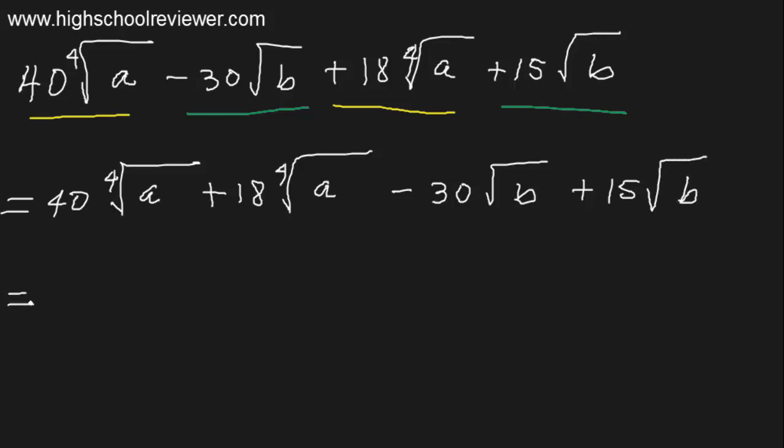So adding, we will have 40 plus 18, that will be 58, 58 fourth root of a. And then we have negative 30 plus 15, that will be negative 15, and then copy the radical, which is square root of b. So therefore, 58 fourth root of a minus 15 square root of b, this is now our final answer.